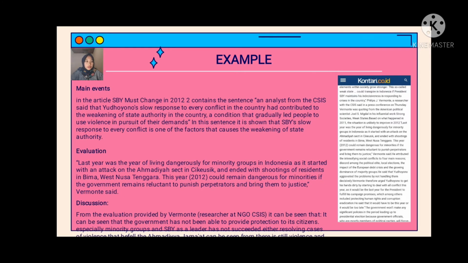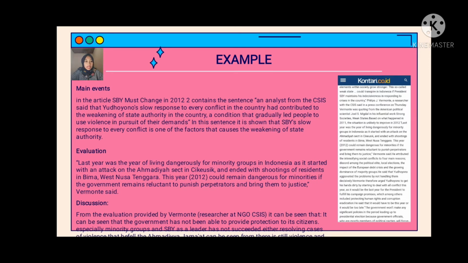SBY's attitude, which is not firm and slow in dealing with religious conflict in Indonesia, can make people lose confidence in the government and also in SBY as a leader. People can feel insecure due to the many acts of violence committed by certain groups, and what is depicted in the headline, that SBY must make the change in 2012, is continuous with the elaboration of the main events.